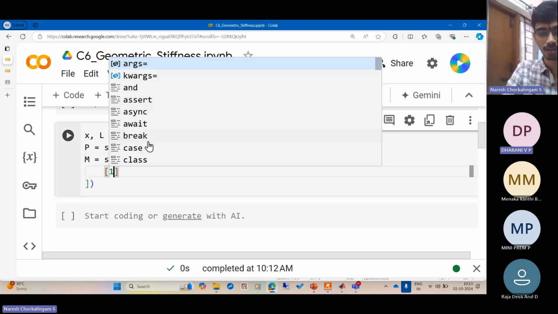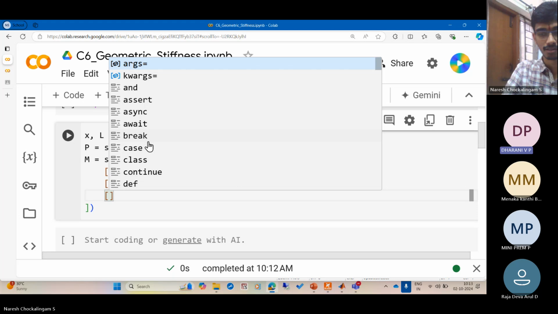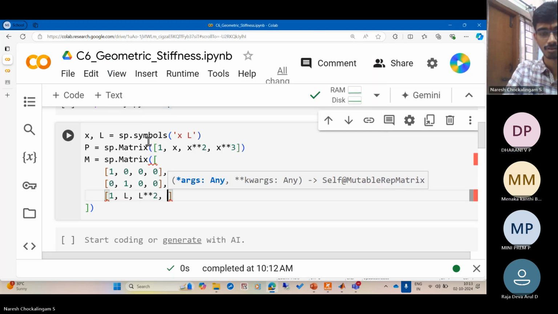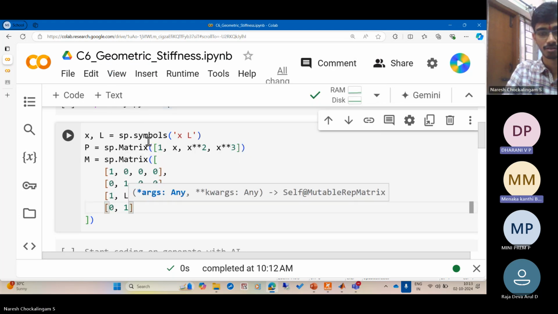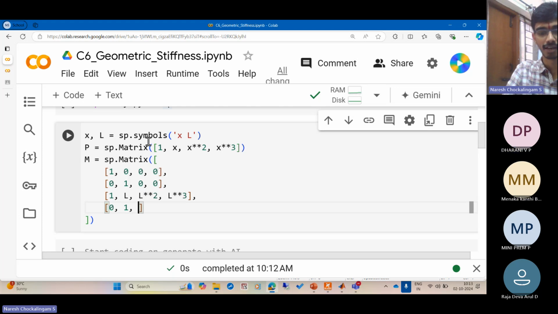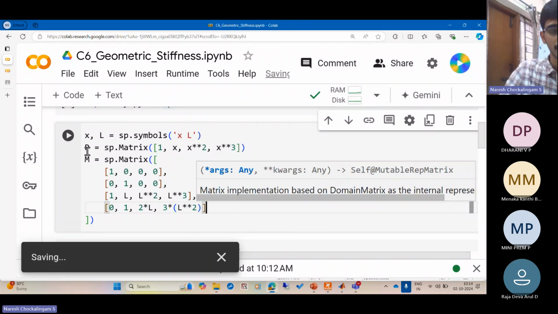The first row is 1, 0, 0, 0, then 0, 1, 0, 0, then 1, L, L square, L double star 3, then 0, 1, 2L, 3L square. Okay, so this is done.